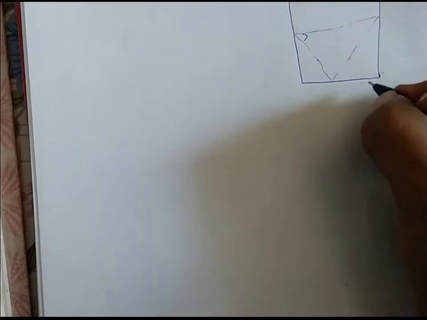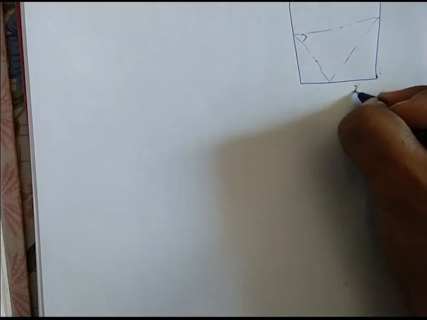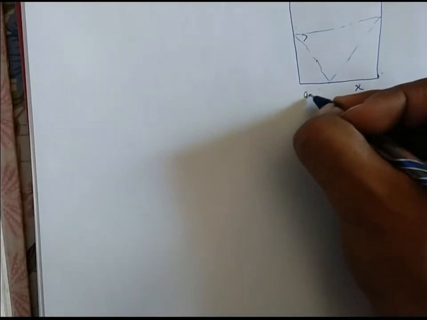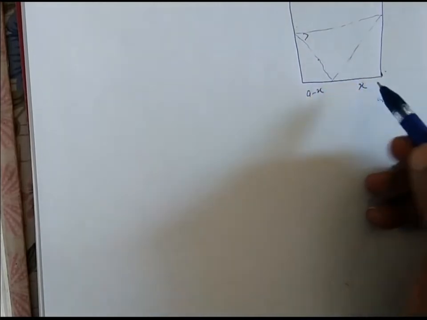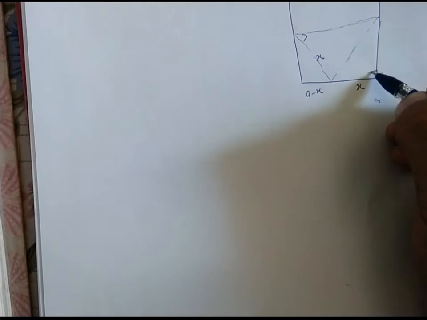So if this side is x, this will be A minus x, and if this is x, this is going to be x, and this side is going to be equal.